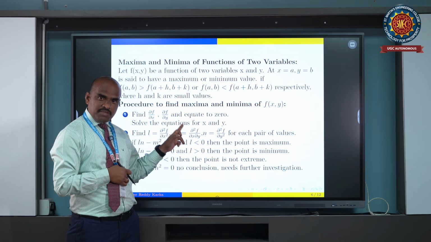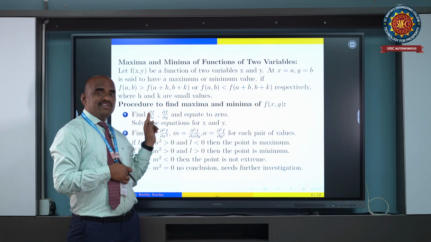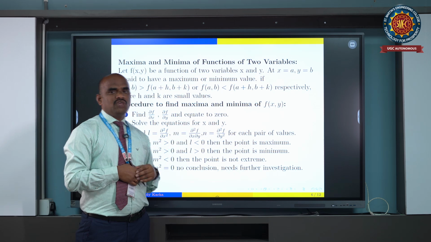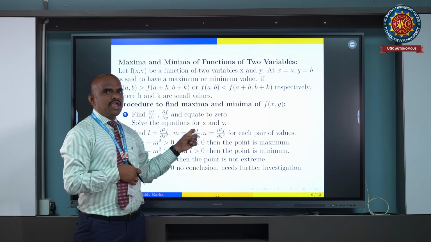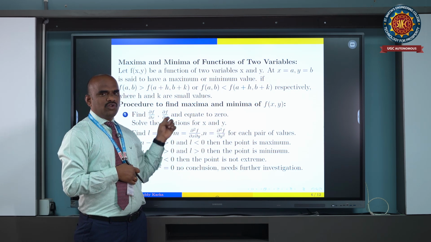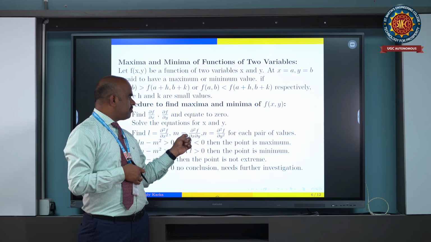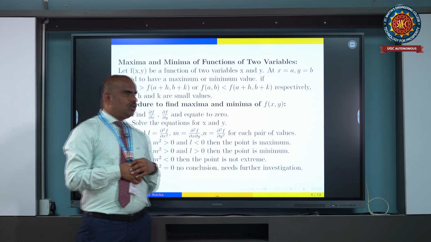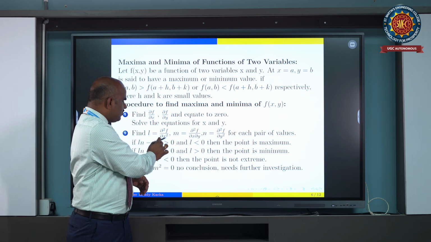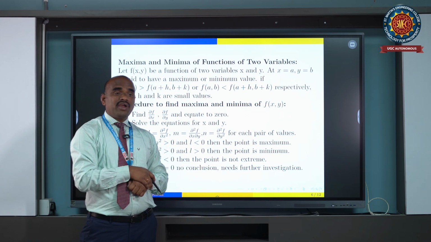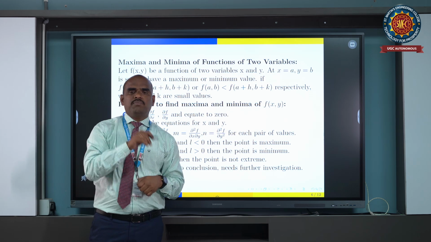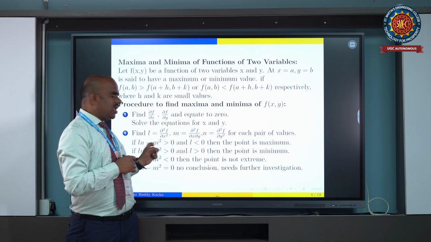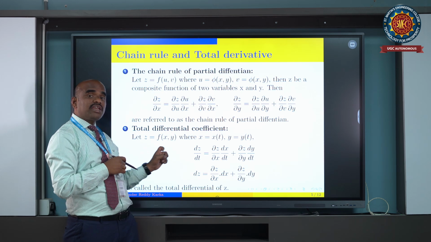At each stationary point we find the second order partial derivative values L, M, N. L is dou square f by dou x square, M is dou square f by dou x dou y, and N is dou square f by dou y square. Then we check the condition for whether the point is a maximum or minimum. We check the value of L N minus M square.